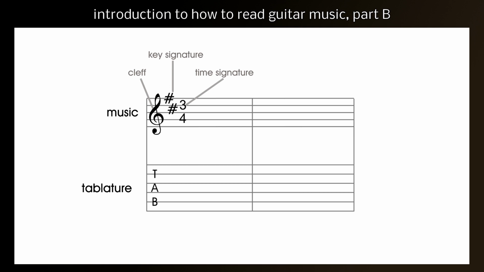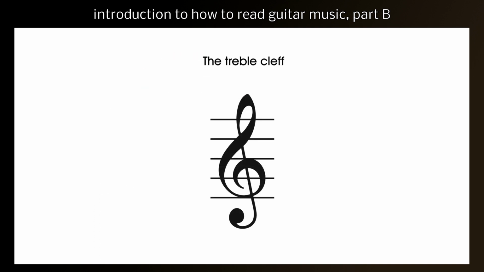Right, let's take a quick look at the elements of the stave, and some of the elements we've already looked at. At the very beginning of the stave is the treble clef. All the music we've done so far has been in treble clef, and all the music we'll be doing from here will be in treble clef.